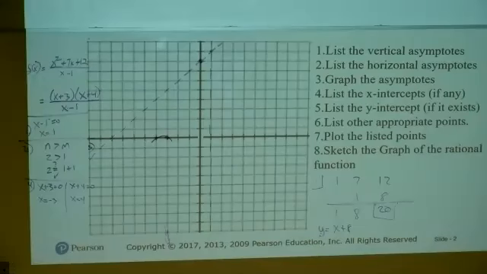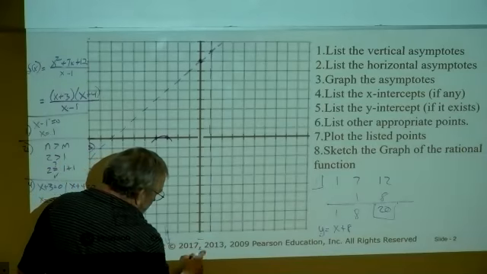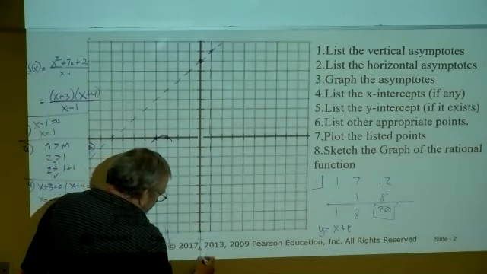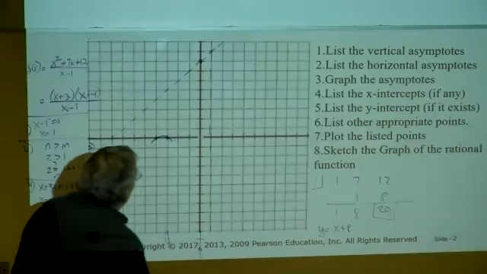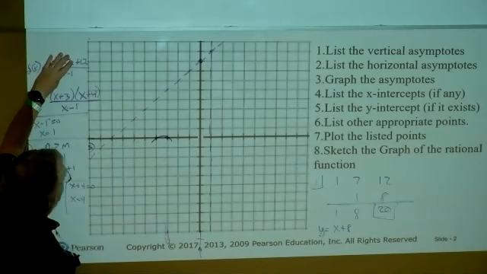Where it crosses the y-axis is at -12 there. -12 down here. Because when I put 0 in for x here, I get a 12 over -1, which is -12.